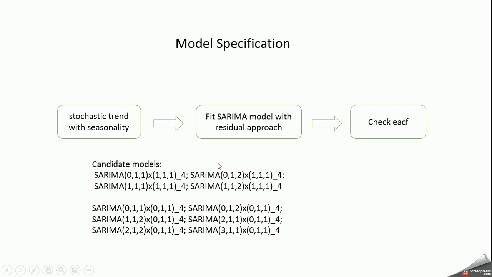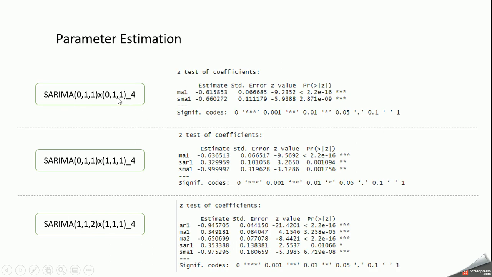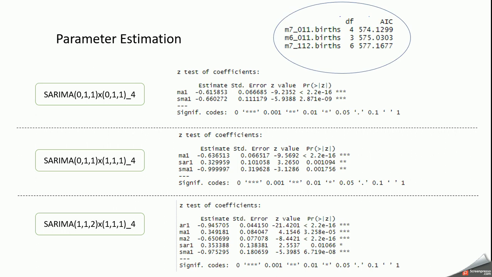I'll be checking all of the parameters, their residuals, their visual plots, etc. In the end, I end up with those three models, top to bottom in the order of simple to complex. Those three models are the ones with all the coefficients significant. To find the most suitable model to forecast, I'll be checking their AIC scores.